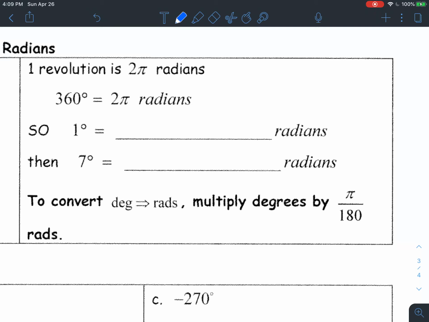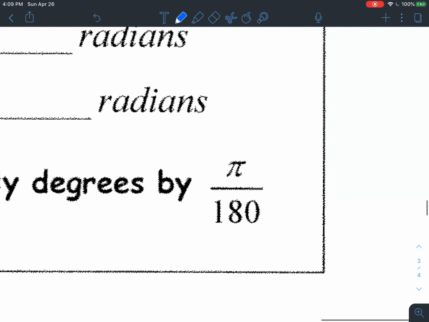And basically all we're doing is just the reverse of that. So all we're doing is the reciprocal of it. We know that pi and 180 are equivalent to each other because they're both a half turn of the circle. So if I wanted to convert instead into radians from degrees, I would multiply by pi over 180, because that's going to leave me with a radian up top and my degrees canceling out on top and bottom.